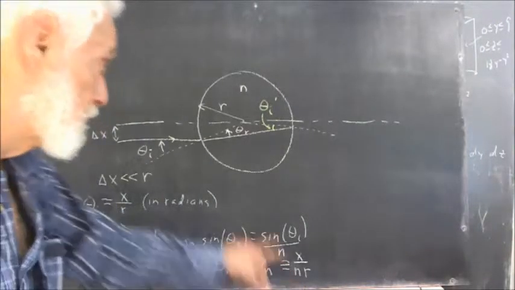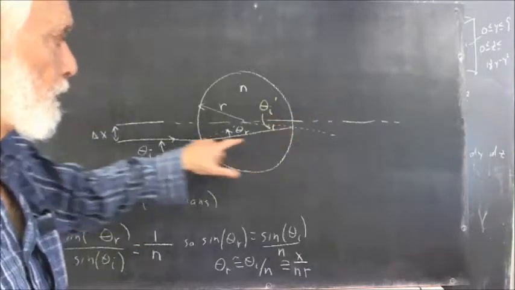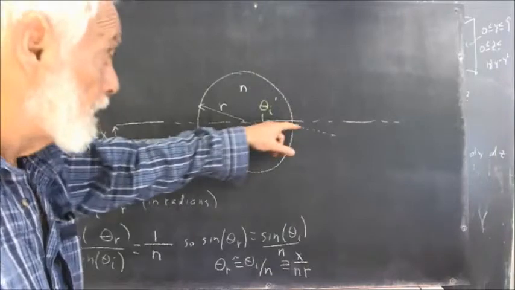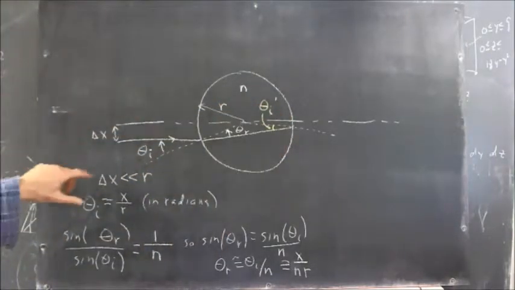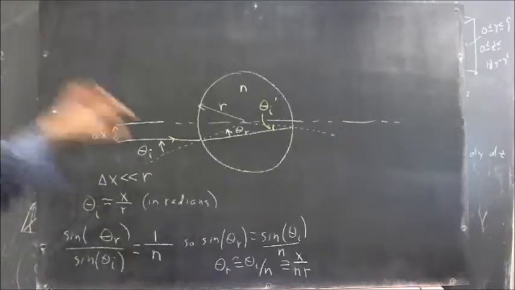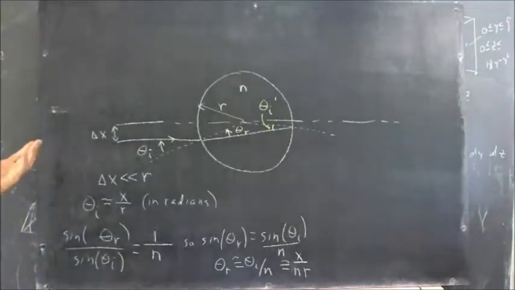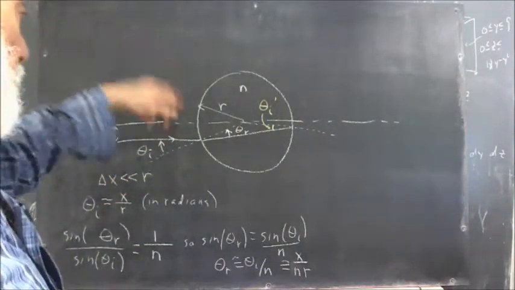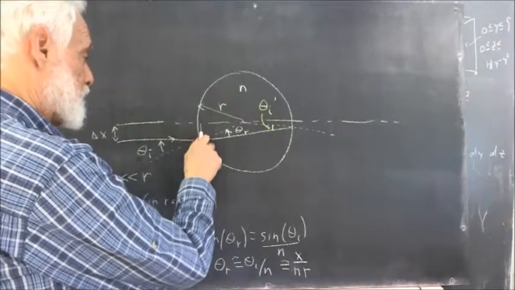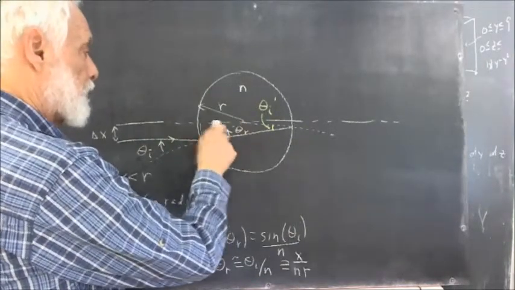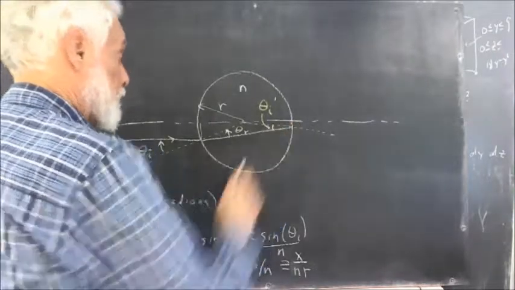Now, we have the expression for the angle theta sub r. How much closer does the ray get to the axial ray over this distance? Well, if delta x is a lot less than r, the distance the ray has to travel from here to here is very close to 2r, simply because if x is close to r, this point is very nearly at distance r from the center, as is this point even more so.